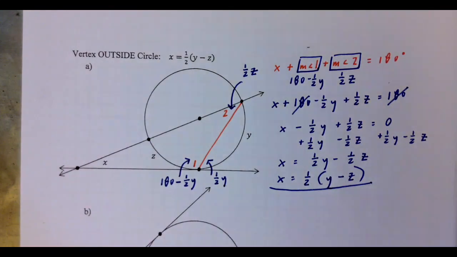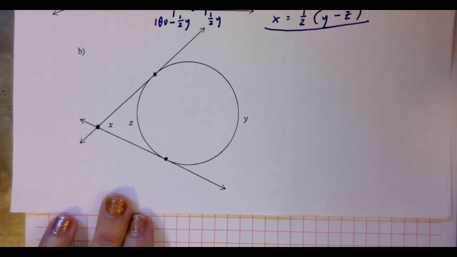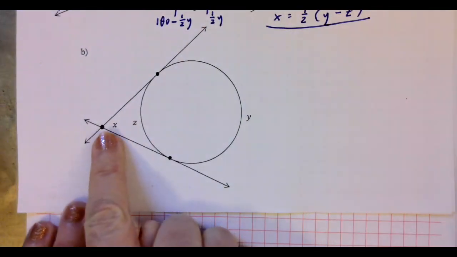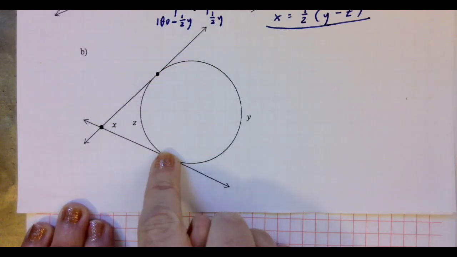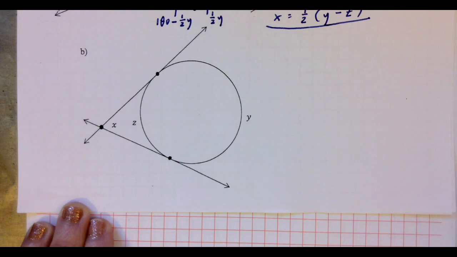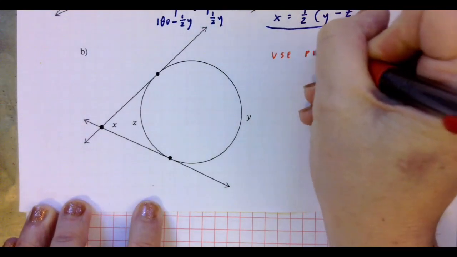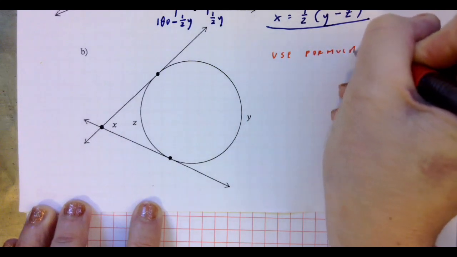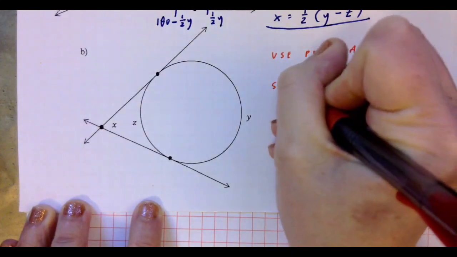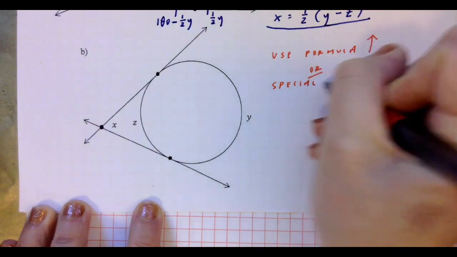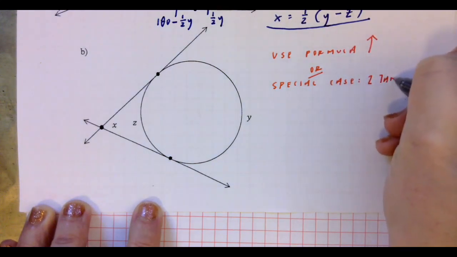Okay, one more relationship. So here I'm really giving you the same thing, right? The vertex is outside of the circle right here, and I have these two intercepted arcs. So honestly, I could use the same formula that I just showed you. So I could use that formula above, or I can see that this is really a special case because I have two tangents this time.